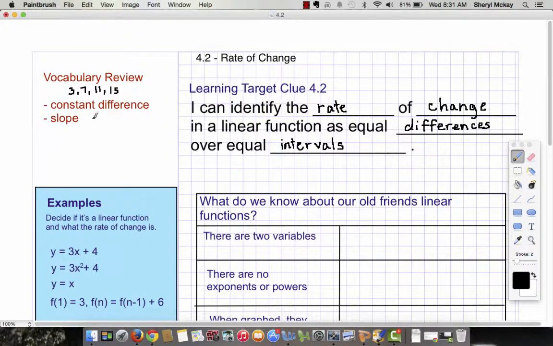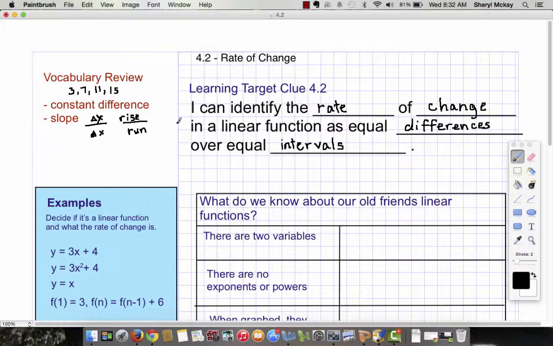And then slope, going back to what we did when graphing lines. Slope is the change in y over the change in x. That little triangle means change. We also call it rise over run, and we'll see how that connects to our lesson today.